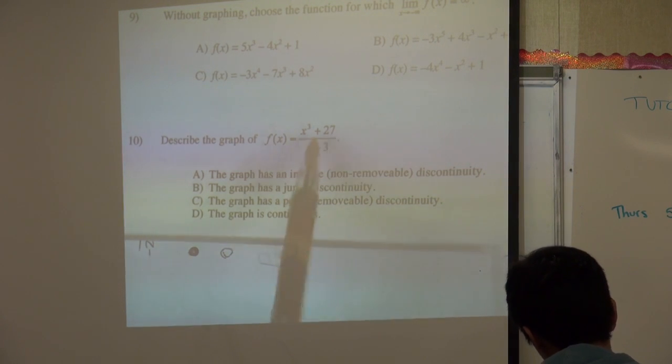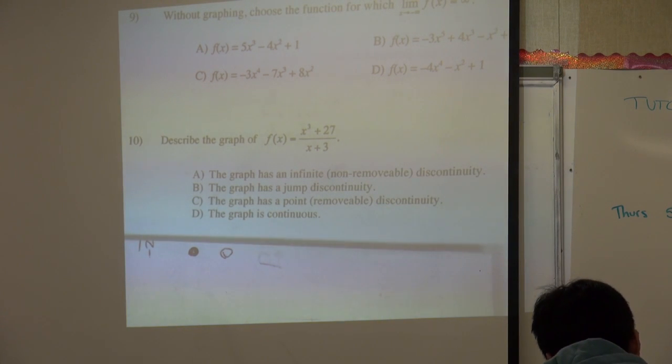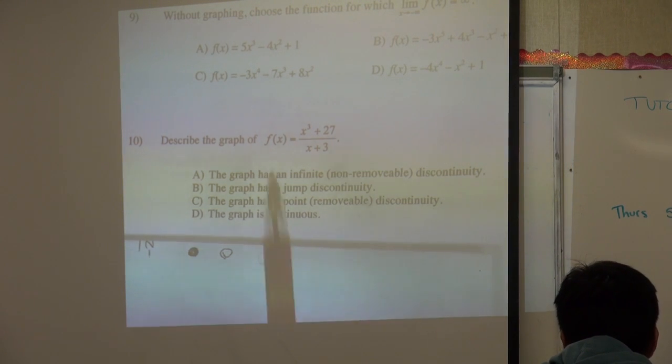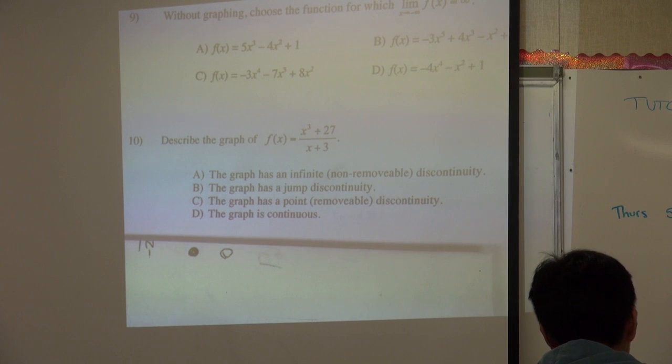Now, the fact that it's rational tells you that it has a discontinuity. So, answer choice D is incorrect. A lot of you forgot. What did we just say a second ago about rational functions and doing things always factor?